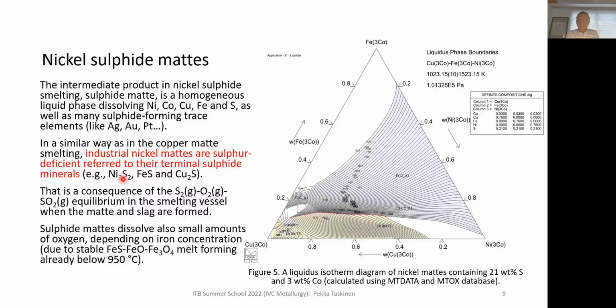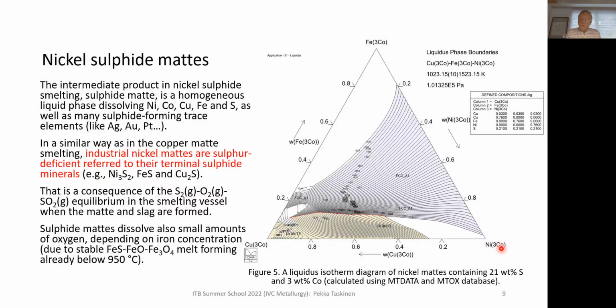Here I have calculated a phase diagram, liquidus isotherms of a system containing copper, iron, nickel, and 3% cobalt, which probably is a typical nickel to cobalt ratio in sulfidic ores.